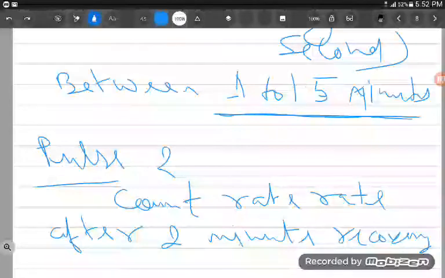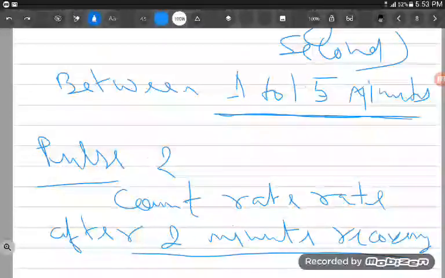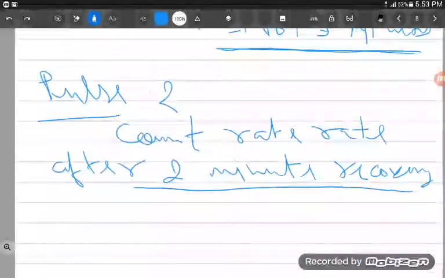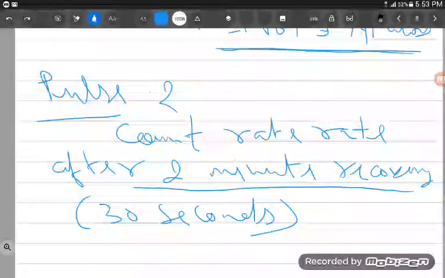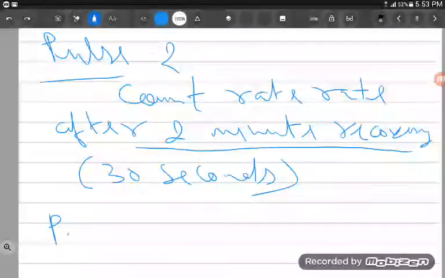In the first 1 to 1.5 minutes, leave them for 30 seconds. Again you will start counting, just when 2 minutes are completed. The rest period is known as recovery. Again you will count here only 30 seconds and double it. Then pulse third.